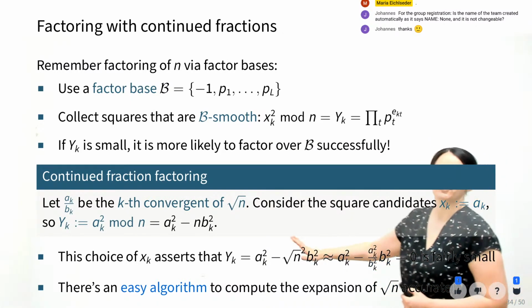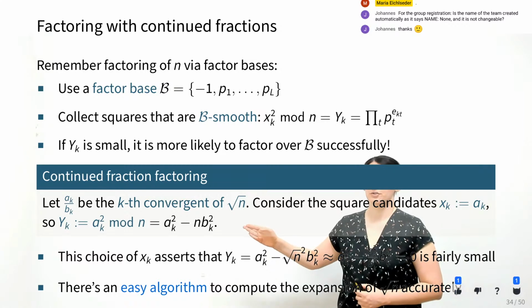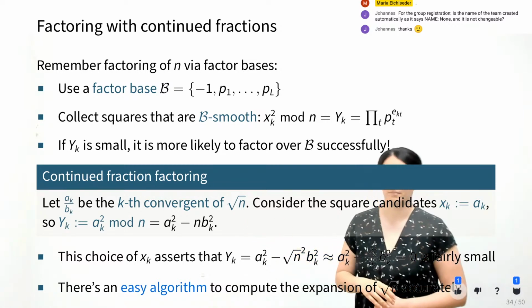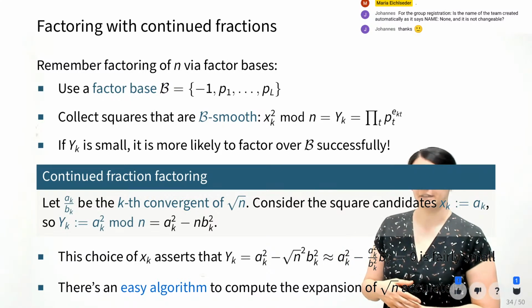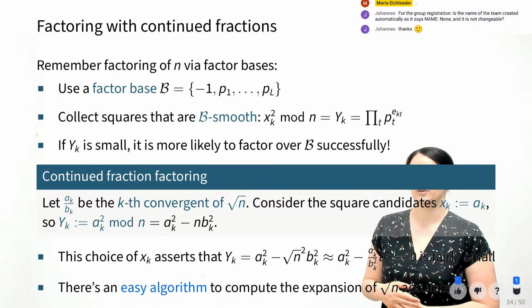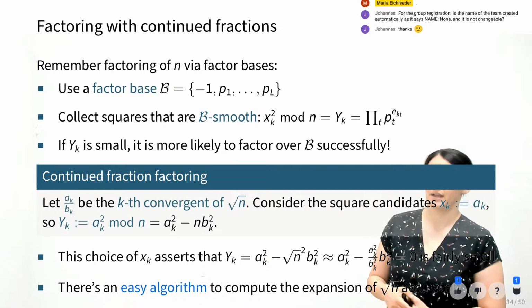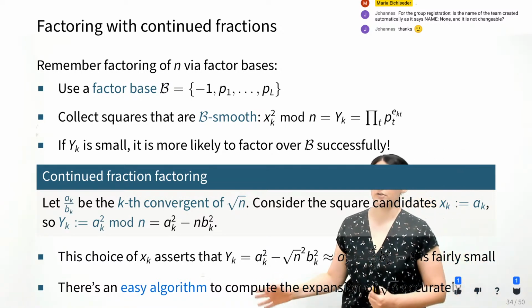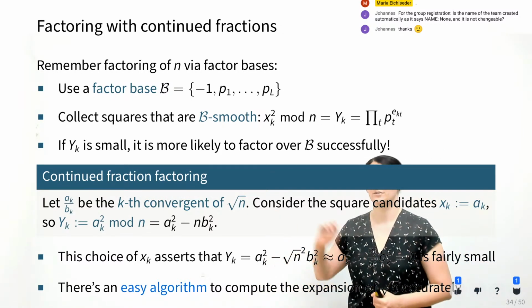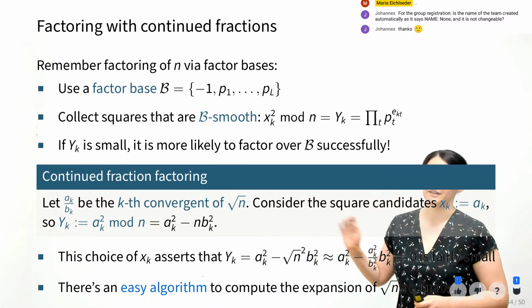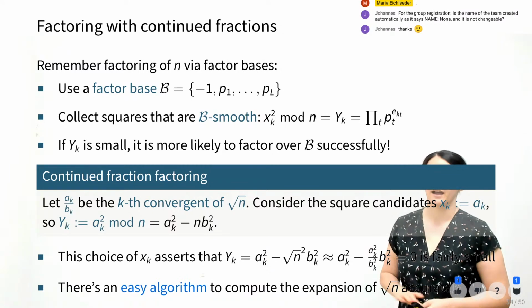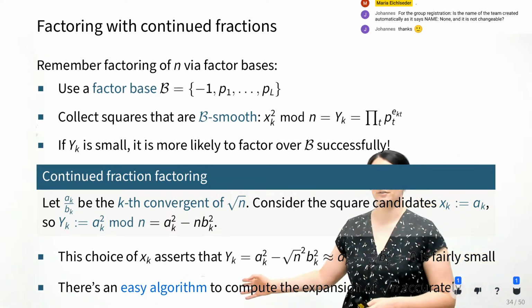We're going to work in the vicinity of the square root of n, but instead of just taking the next few and the smaller few integers, we take the convergents of the square root of n. And there's actually a very easy algorithm for precisely computing these convergents without the messy floating point arithmetic that would be needed for the previous approach. I'm not going into the details, but you can find it on Wikipedia.